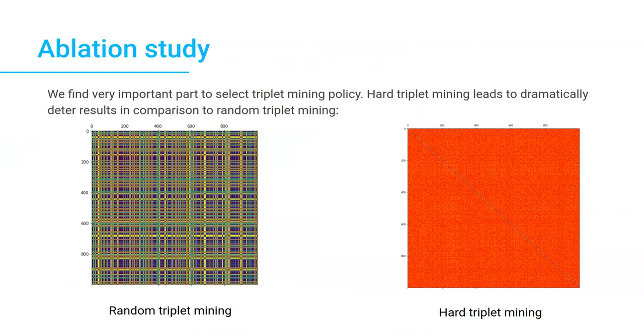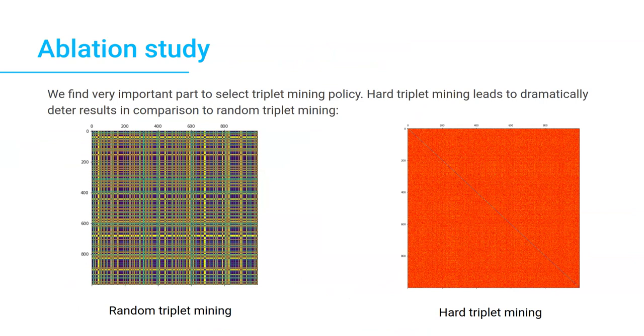We also performed an ablation study and found it very important to choose the triplet mining policy correctly. For example, on the left image, you can observe a confusion matrix between each pair of classes. Those graphs show the mean distance between classes in terms of embedding distances.